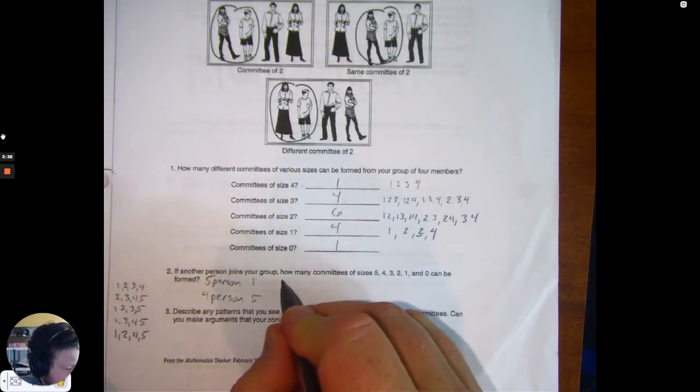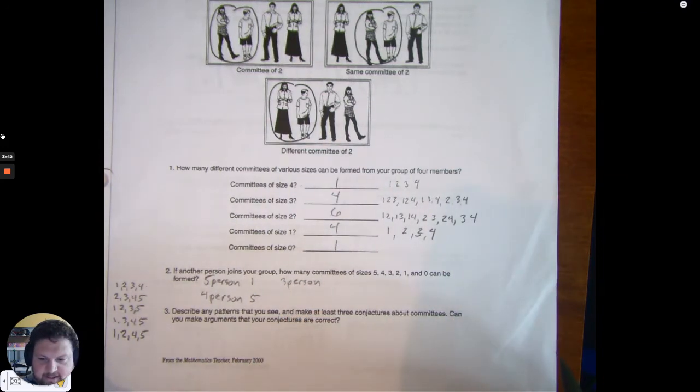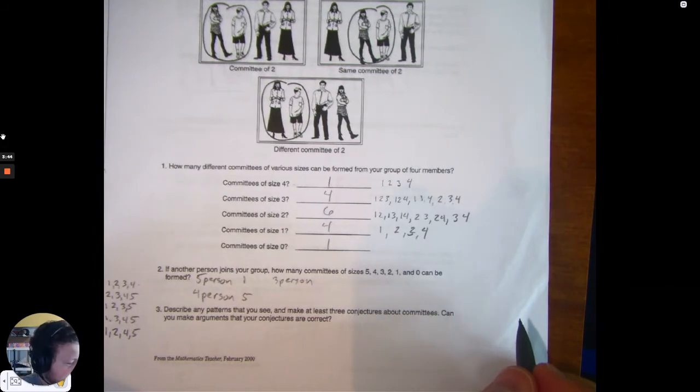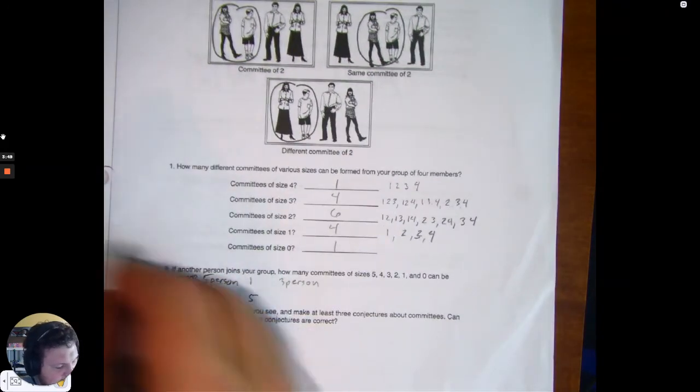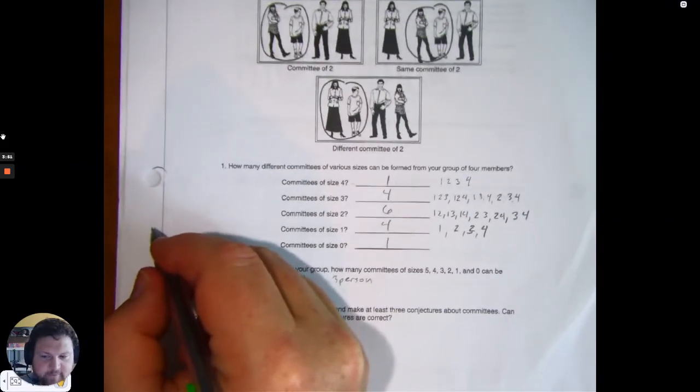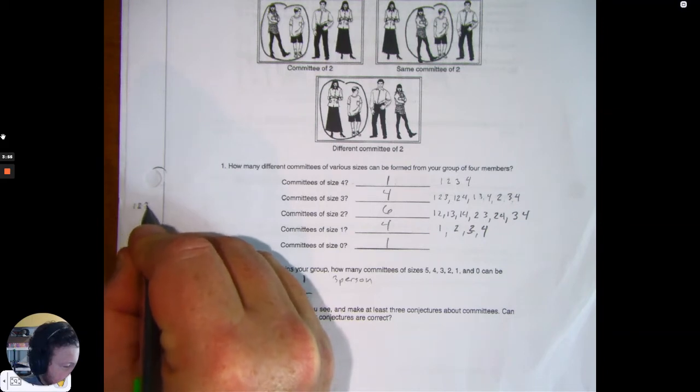Now when I want to do the 3-person committee, this one is going to have a little bit more. I'm going to do the same thing. For my 3-person committee, I could have 1, 2, and 3. I could have 1, 2, and 4.